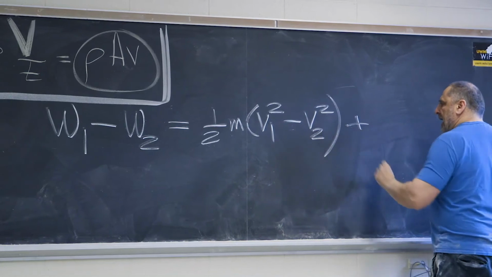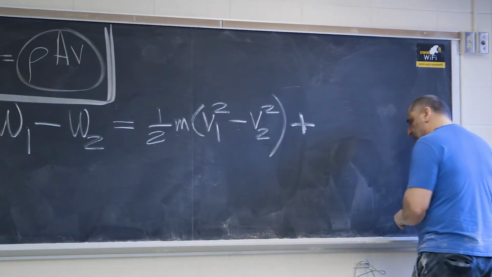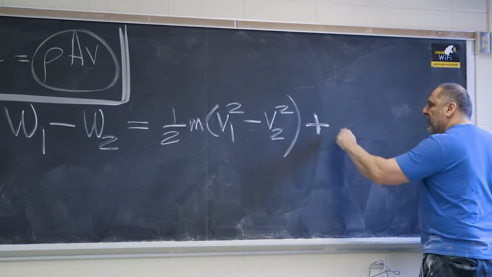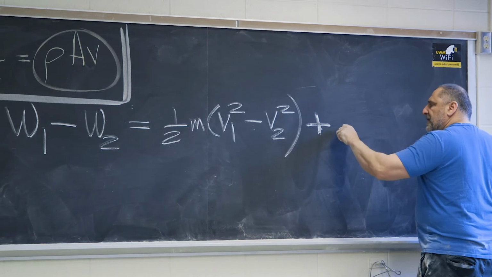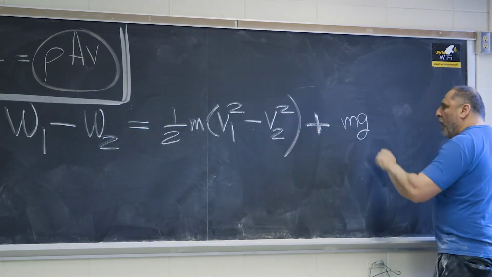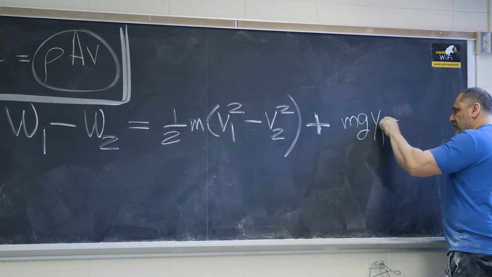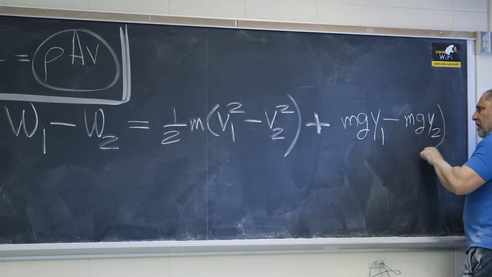On the other side of that, the difference in the potential energies would be mg y1 minus mg y2.